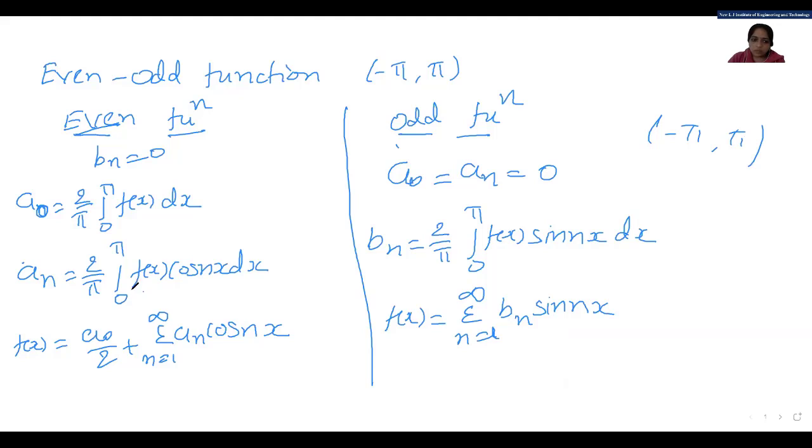As in the formula our limits are 0 to pi, so we have to apply the function which lies between 0 to pi only. Got it, Divya?